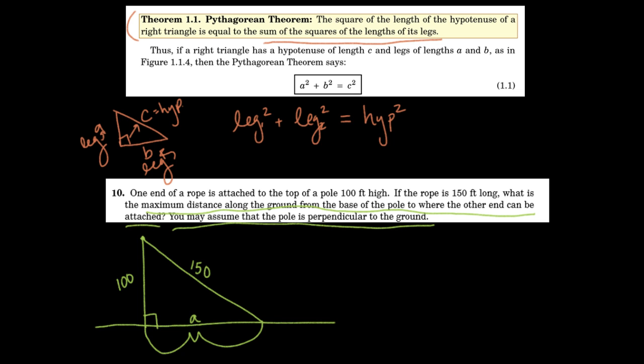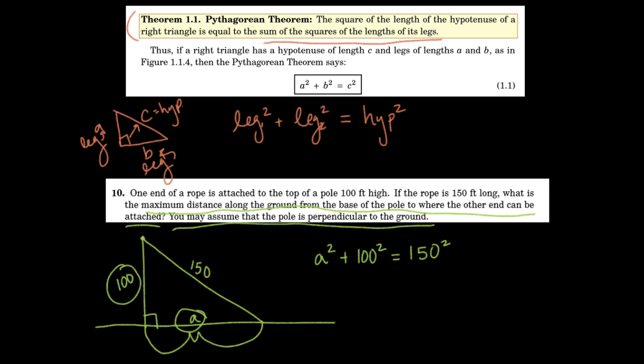So stretching out this rope as long as we can. What you do is identify your legs. A is a leg and 100 is the other leg. So I write out using the Pythagorean theorem, a squared plus 100 squared equals 150 squared.